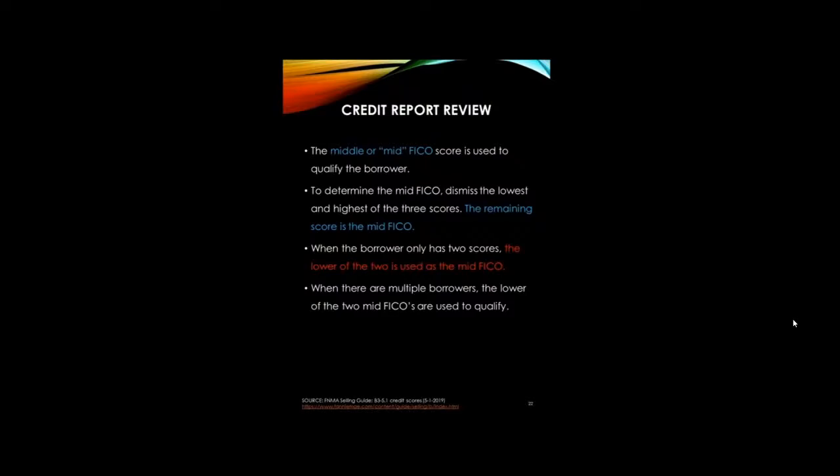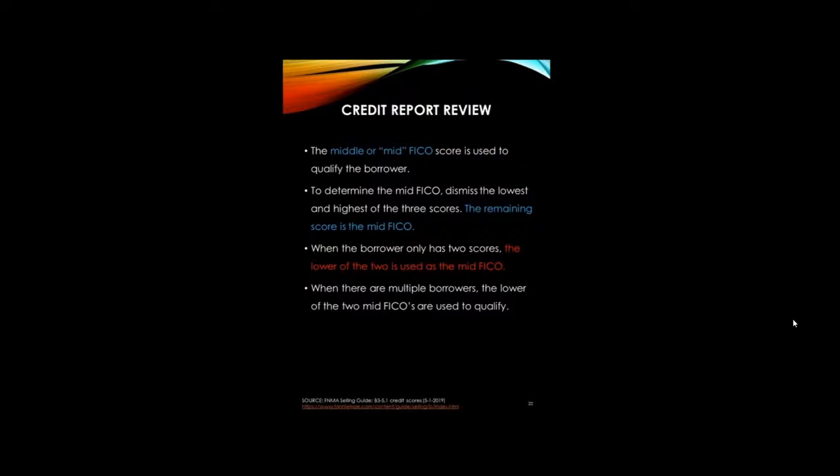Okay? And then if you have multiple borrowers, a borrower and a co-borrower, they're going to take the lower of the 2 mid FICO scores. So if you have borrower A with a 700 FICO score and borrower B, the co-borrower, with a 620, you're going to automatically use the 620 FICO score for qualifying purposes.